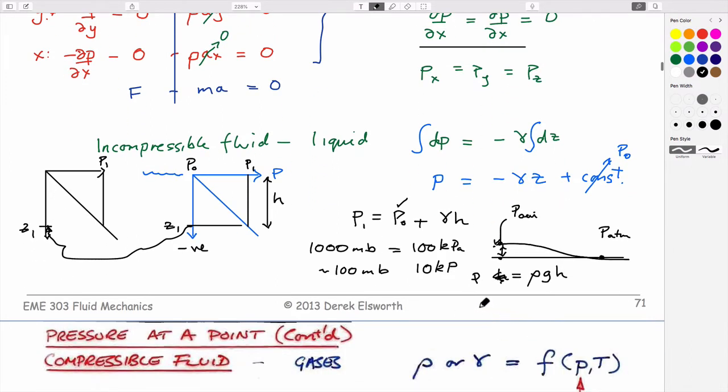And so, if we know the magnitude of the pressure is something like 10 kPa, we know that density of water is 1,000 kilograms per meter cubed. Gravity is 10 meters per second squared times h. This term here is exactly 10 kilonewtons per meter cubed, as if you work it out. So it's 1,000 times 10, which is 10 to the 4, 10 to the 4 newtons per meter squared. So this height has to be equal to 1 meter.